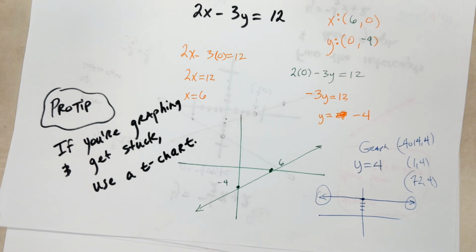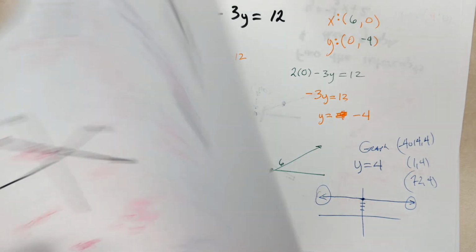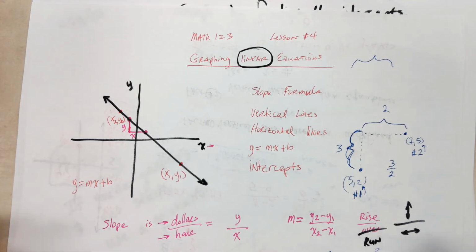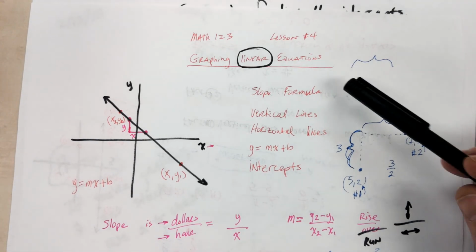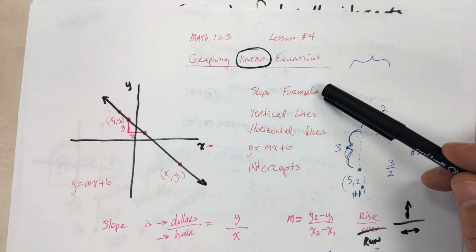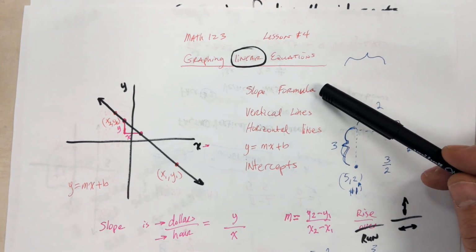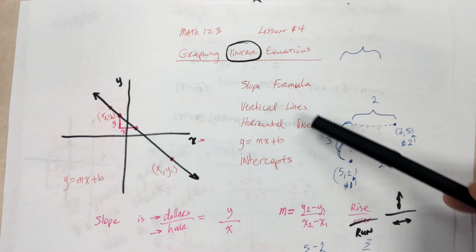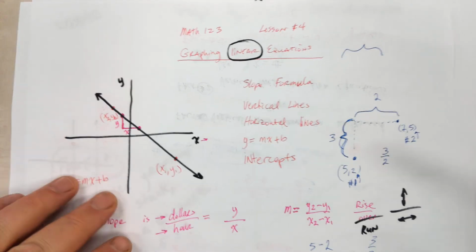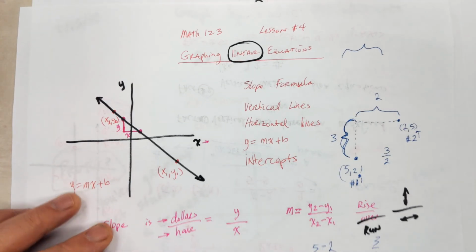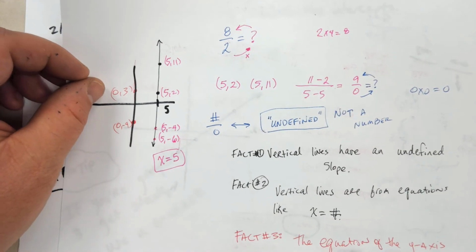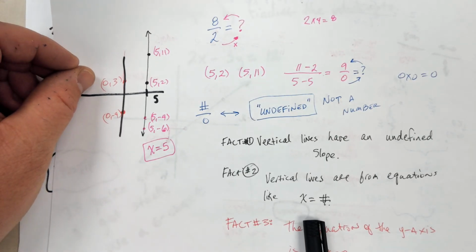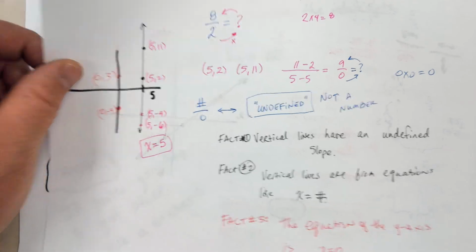You haven't practiced any yet, but we've done that. Slope formula right here, we did this. That was vertical lines, right? Vertical lines are straight up and down. That's x equals a number, and it has an undefined slope.